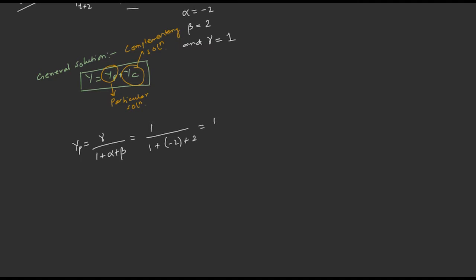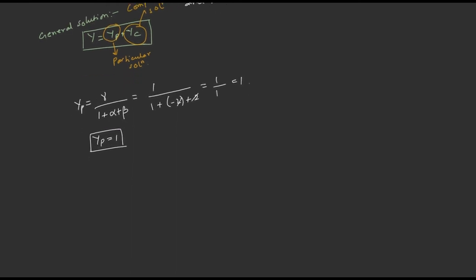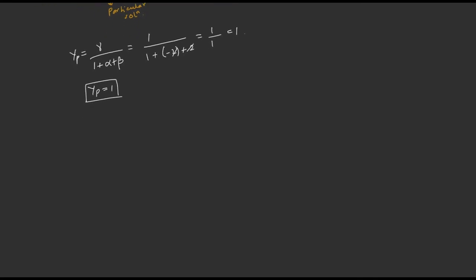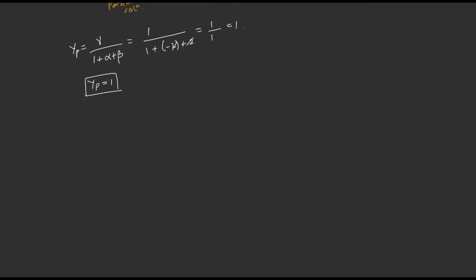So we get 1 by 1, because the plus 2 and minus 2 get cancelled out. So 1 by 1 equals 1. So we get the value of yp equals 1. After that, we need to find the complementary solution. Finding the particular solution is basically very easy, but now it's time to find the complementary solution.